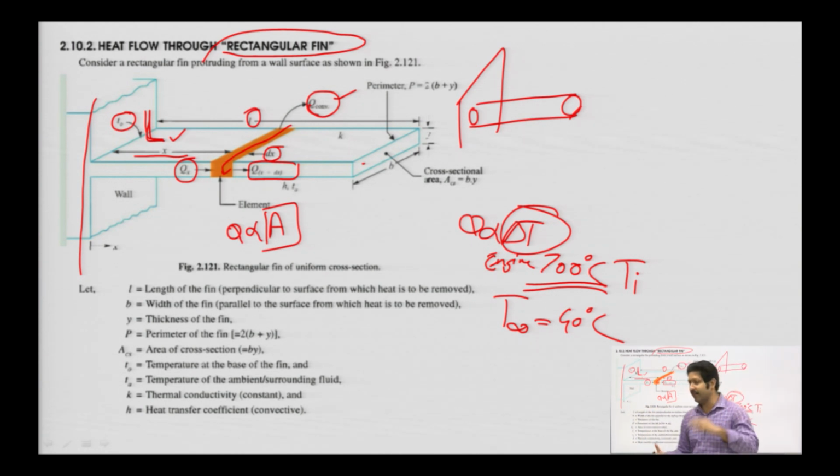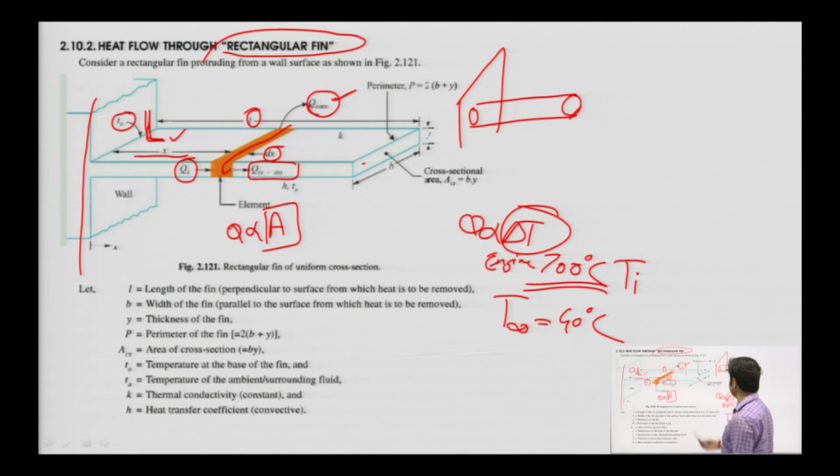The remaining heat gets convected into the atmosphere or the fluid that is surrounding this particular object. Had it been gas, like air, the heat would have been convected into the gas, and had there been a fluid, then there will be a convective cycle inside the fluid.